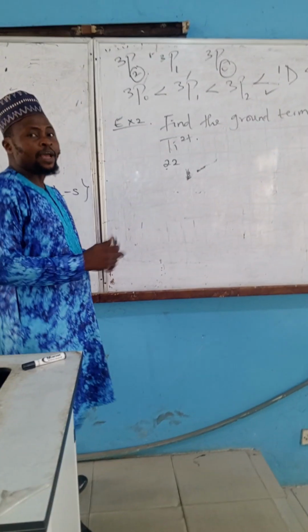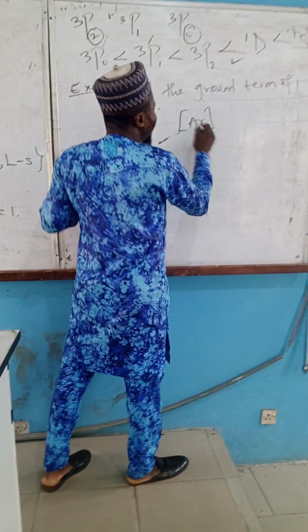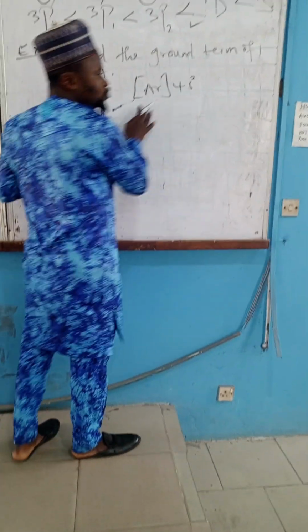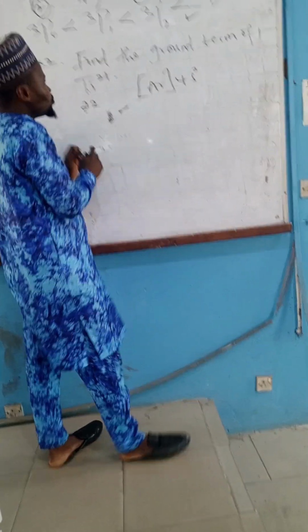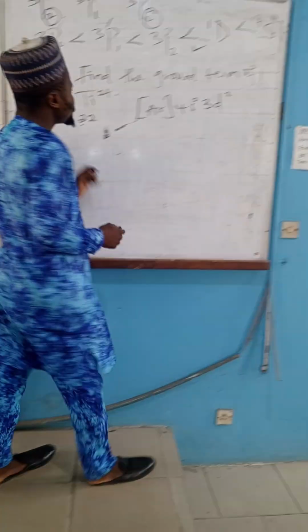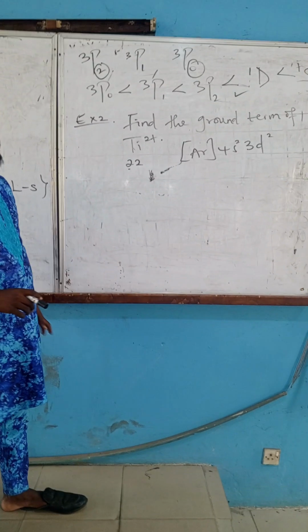An element above argon, to write the electronic configuration, is the argon core 18, then 4s2, that's 20 for 22, then 3d2. STV, 21, 22.